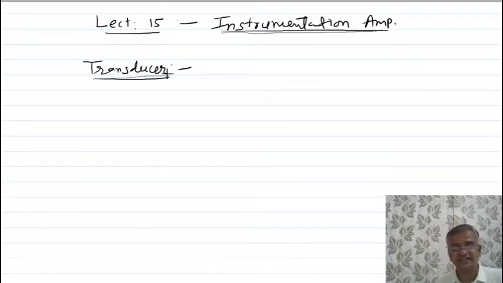Therefore, it is necessary to amplify such a weak signal of the transducer, and from this signal you can measure your physical parameter. So we have to amplify this millivolt signal. For this, the operational amplifier is useful.